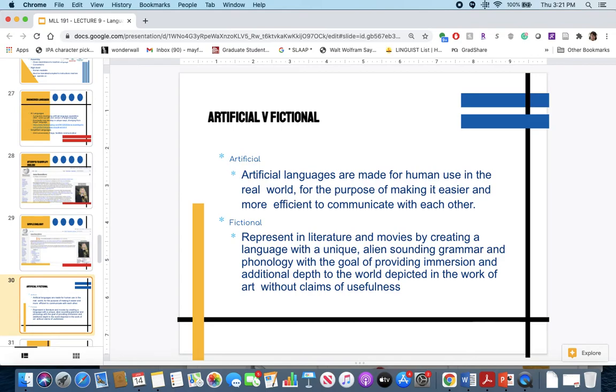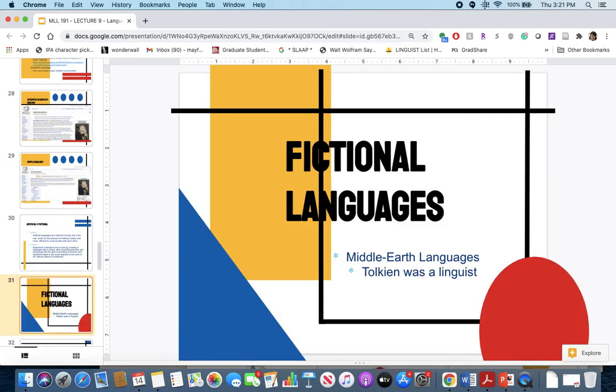And so they provide an additional depth to the world depicted. And it's very artful, right? These languages are not created because they're useful or because they want to create a language to unite people. They are used to display these fictional worlds.